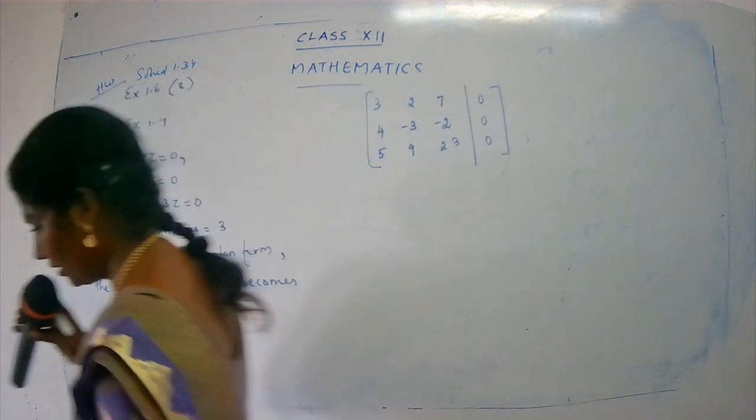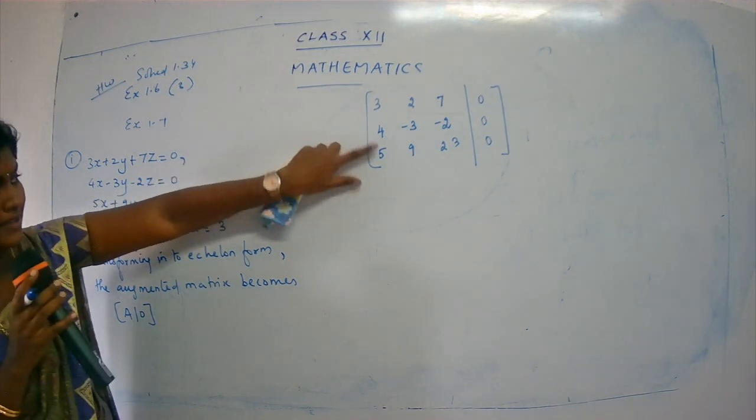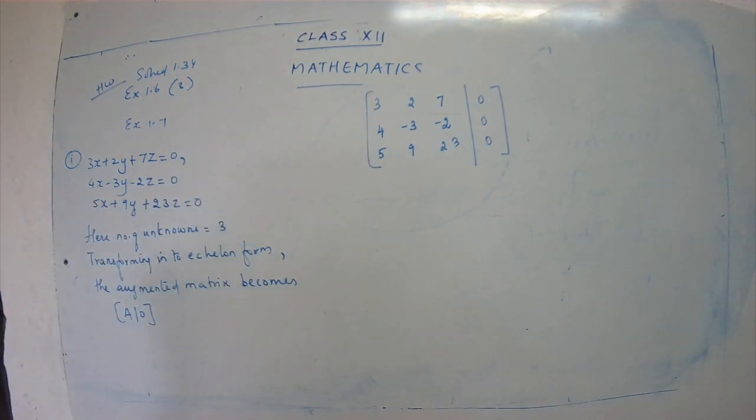Okay. Now, we have written the value for AO. Now let's go for the next step. You have to make the first number as 1. So what I'm going to do is divide by 3 here, because the other numbers are 4, 5 and they are not multiples of 3 either.